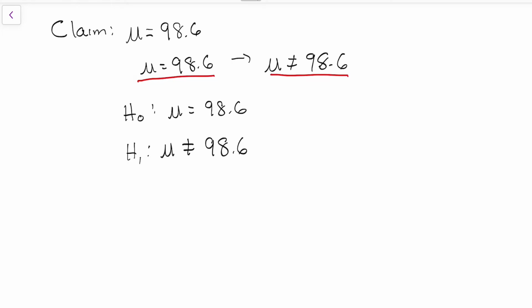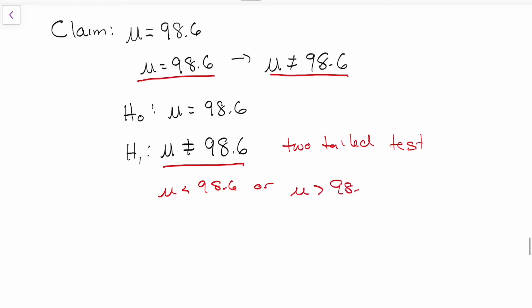This is our first example of what we call the two-tailed test. Why is this a two-tailed test? Well, if our mean cannot equal 98.6, it could be less than 98.6, or mu could be greater than 98.6.